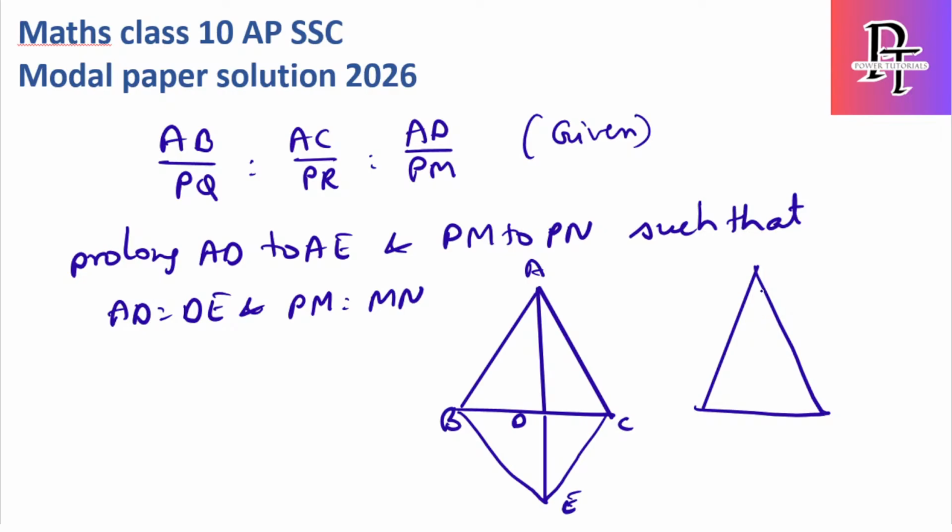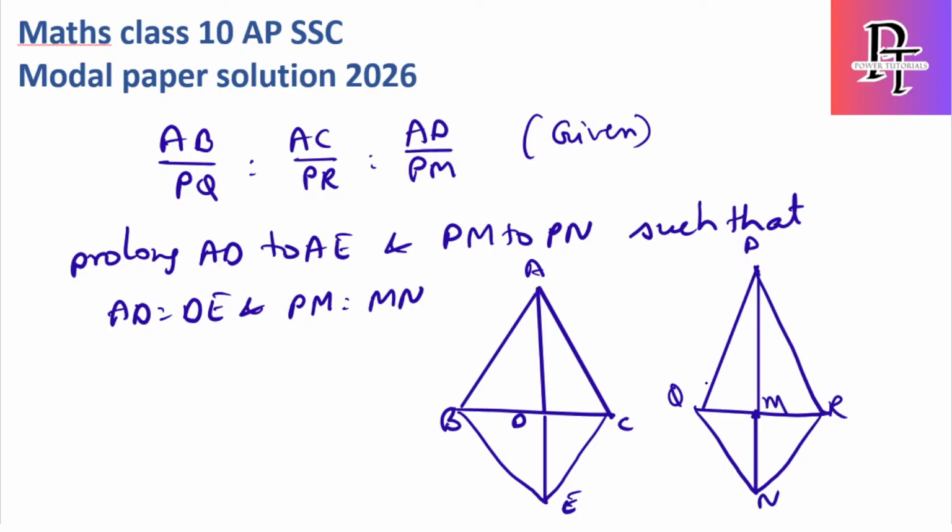This is an 8 marks question, so the answers will definitely be lengthy, so don't feel worried about it being lengthy. Make sure to use a scale and pencil, okay, then all your diagrams will look good for your exam. So we have P, Q, R, this is PM, that is PN.